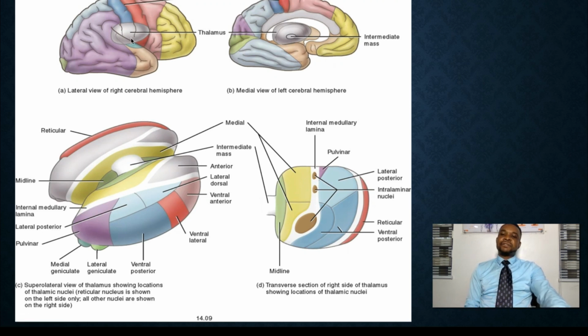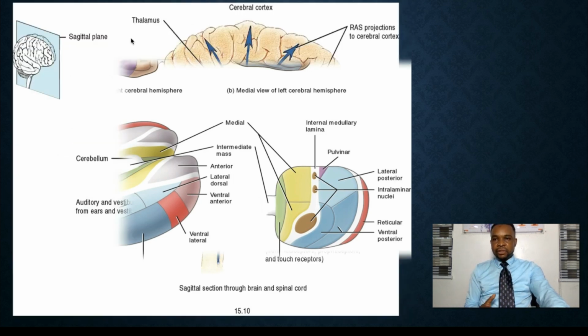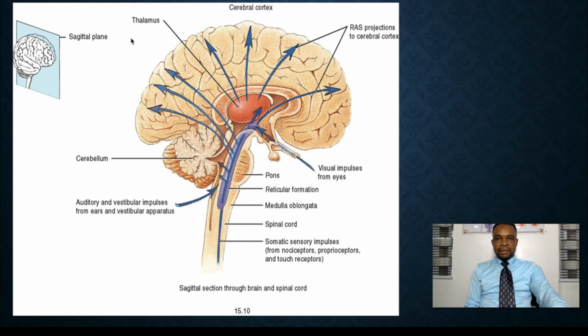The thalamus has various nuclei, which, as we proceed in the subsequent videos, I will dissect and talk about, the various nuclei of the thalamus as well as that of the hypothalamus. But this video is for beginners so that you can understand these parts of the brain. You can see the thalamus here at the center, like an egg. These structures look like an egg. It's the thalamus.